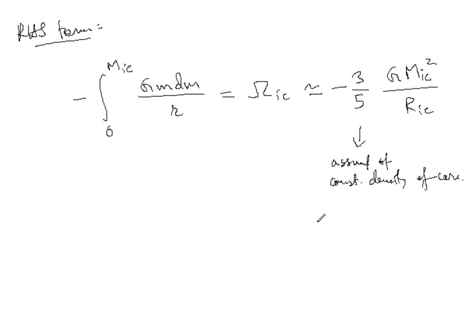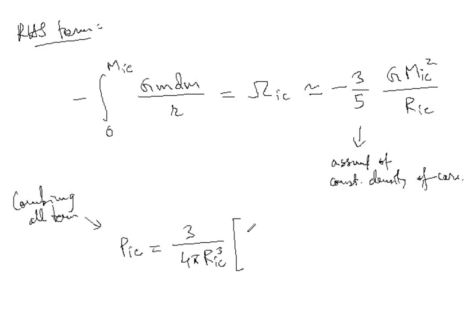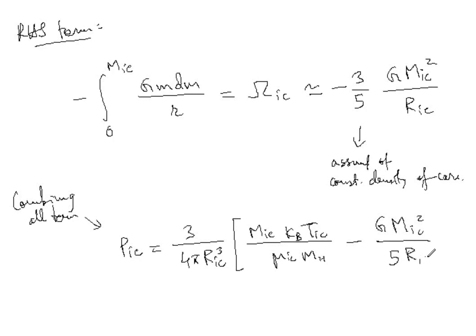Okay, now if we combine all of these terms together, then for the pressure, combining all terms, you see, we will have this expression: P_IC is equal to 3 by 4 pi R_IC whole cube, M_IC k_B T_IC divided by mu_IC into m_H, minus G M_IC whole square divided by 5 of R_IC.